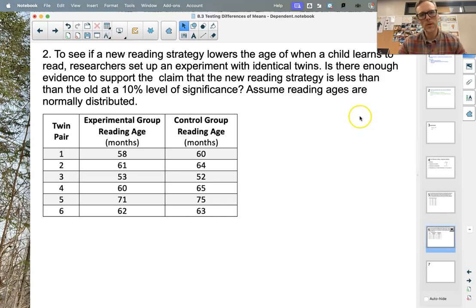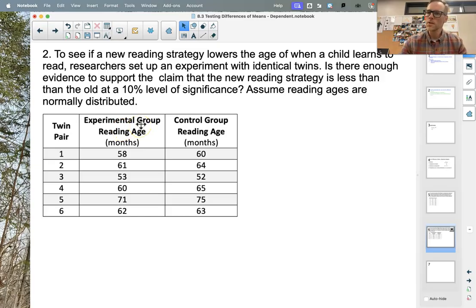Who did they set up the experiment with? Identical twins. We can see that we've got an experimental group and a control group. Remember the control group is where nothing's different. That's what we're going to compare it to. And we give the treatment to the experimental group.